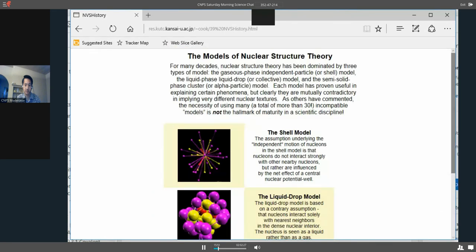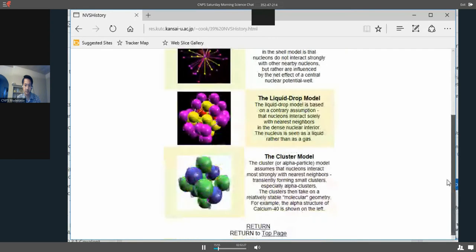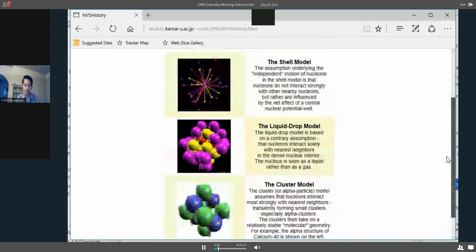In the shell model, they're able to predict a certain number of nuclear shells, but there are other shells they miss. But we have the data, so we know they exist. So that's a problem even for the nuclear shell model.